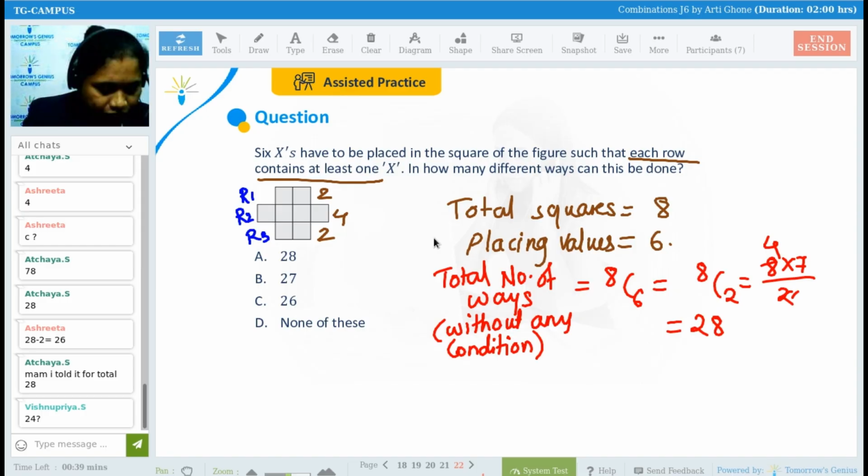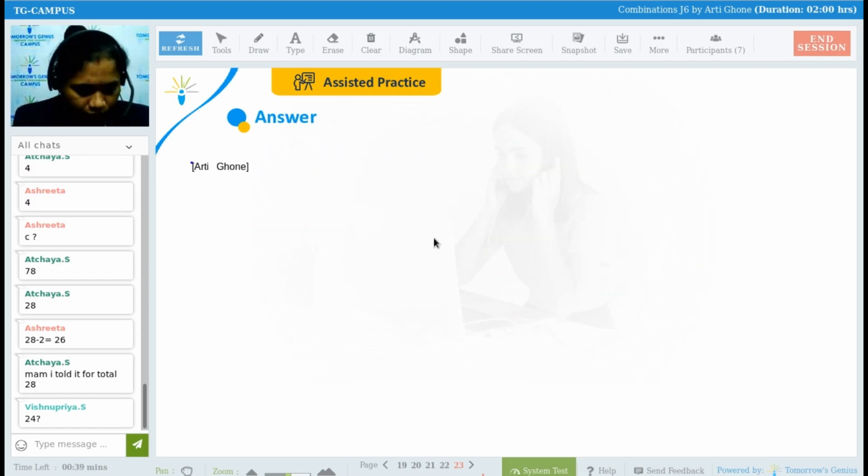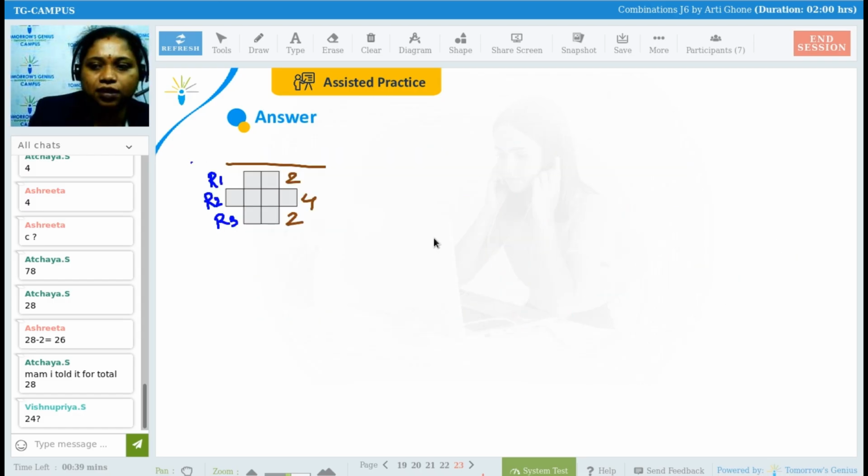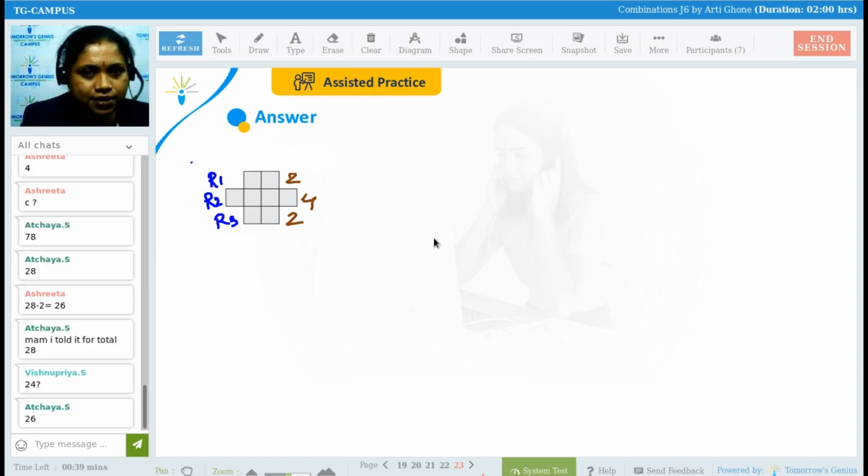I will take this figure for reference first. Just think that if I'm selecting, first case, if I occupy the middle 4x, then what is the possibility of the remaining 2? This is an acceptable case, because all the rows are occupied.